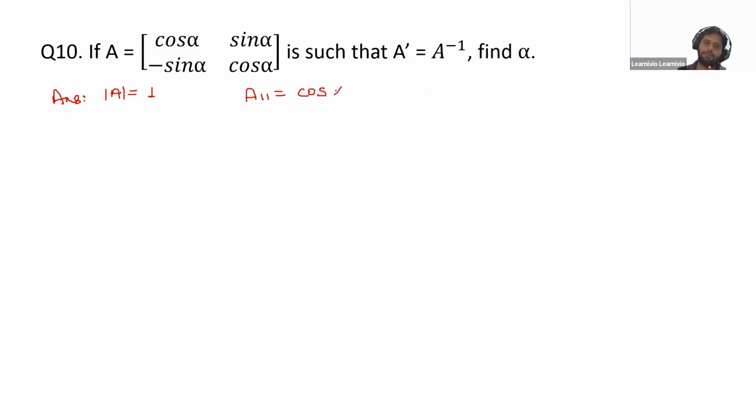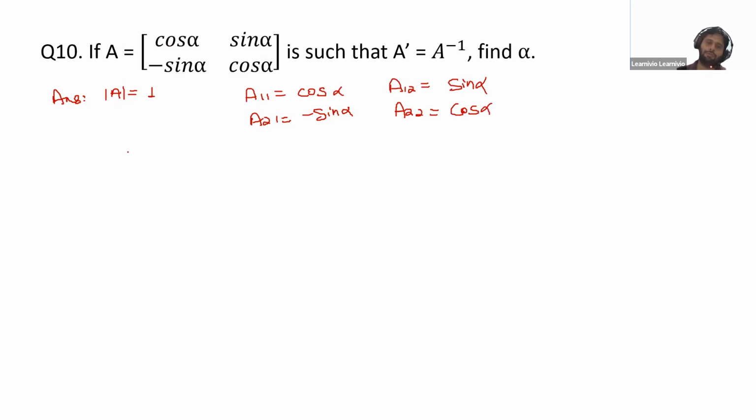So you will get A1,2, first row second column, as cos alpha. Then A2,1, second row first column, is sine alpha, and A2,2 is cos alpha.